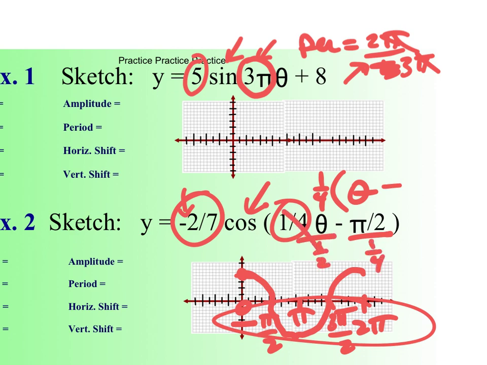If I divide by 1/4, that leaves me regular pi here. And pi over 2 divided by 1/4 is the same as pi over 2 times 4 over 1. And that's 4 divided by 2 is 2 pi. So that is 2 pi. And that tells me on this problem, the phase shift, which is this part, is minus 2 pi.